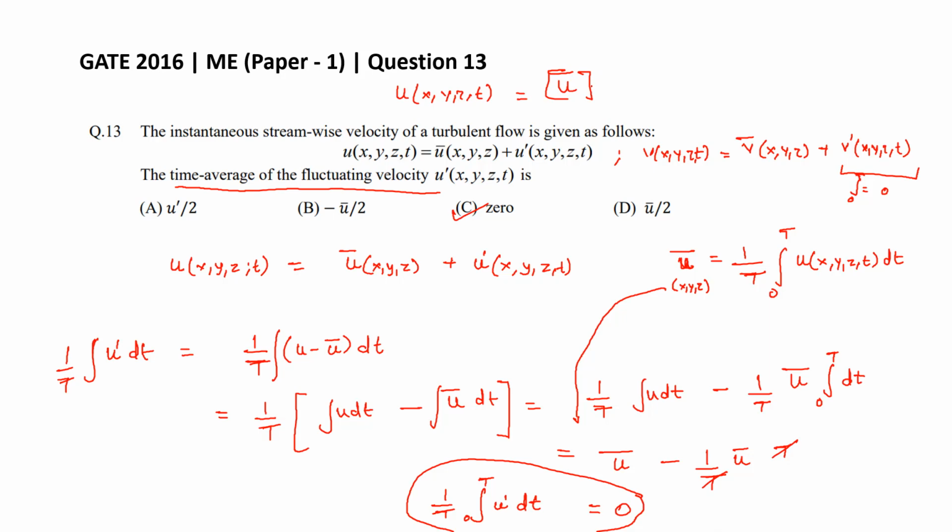So let me just write it here: U as some 1 over L integral of U dx from 0 to L, plus again some u prime. I am writing hat because this is not the time fluctuation now, this is the x direction fluctuation, right? So this will only be a function of y, z, and time.